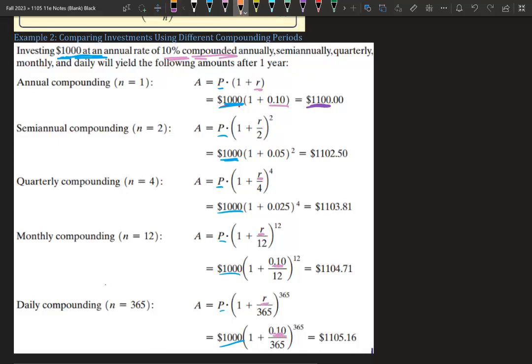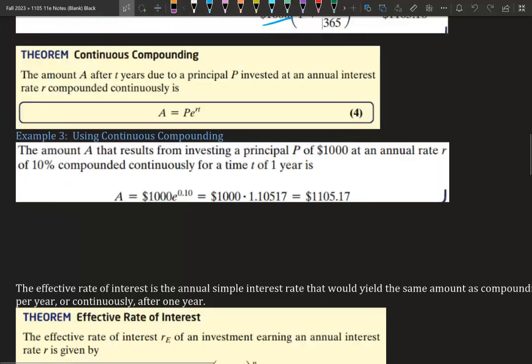And our annually, semi-annually, that's where our N comes from. So our N is how many times you're doing this per year. So semi-annually is 2, quarterly is 4, and we have each representation of that.